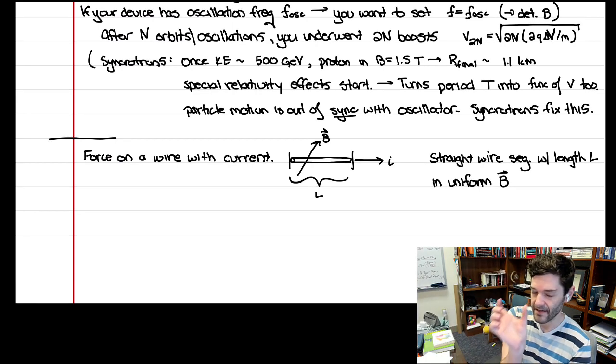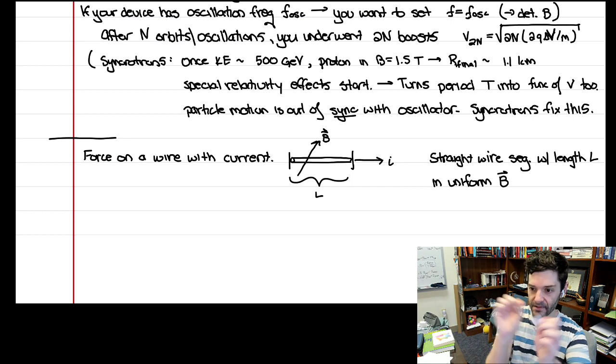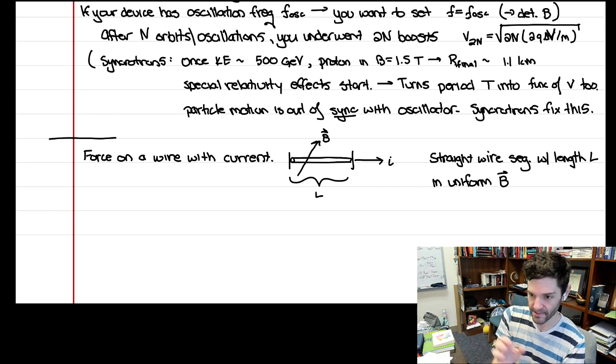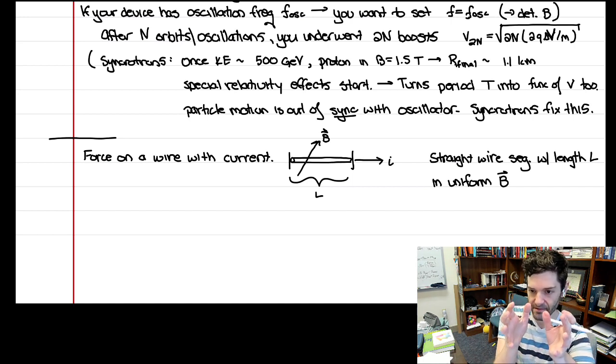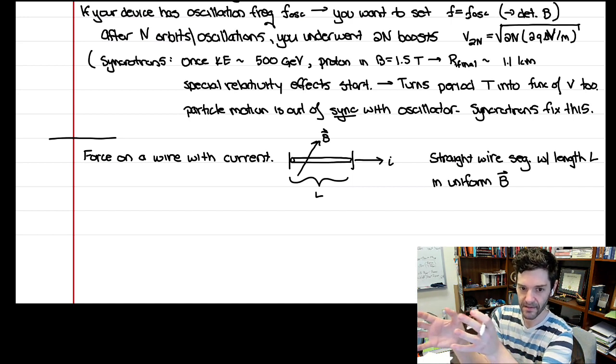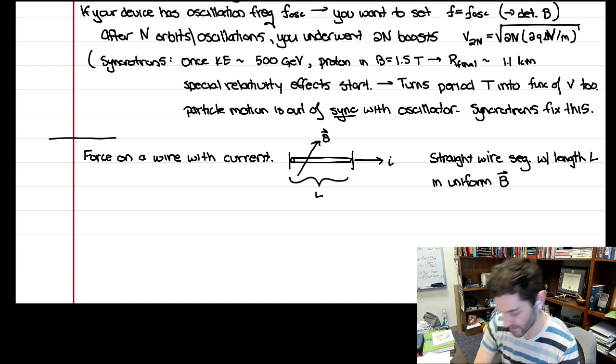Remember, what's actually going on inside the wire? There are charge carriers that are drifting around. They're moving in random directions and colliding with each other a lot, but there is a very general slow drift of the charge carriers through the wire.